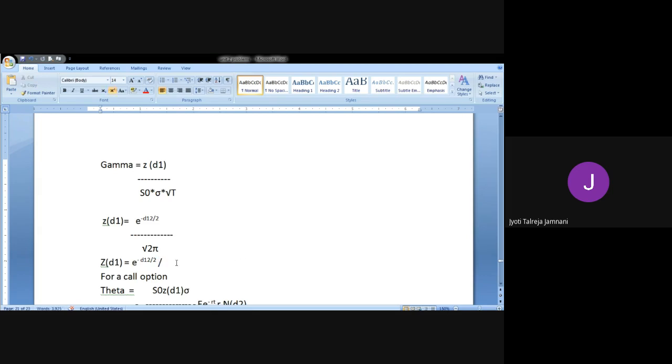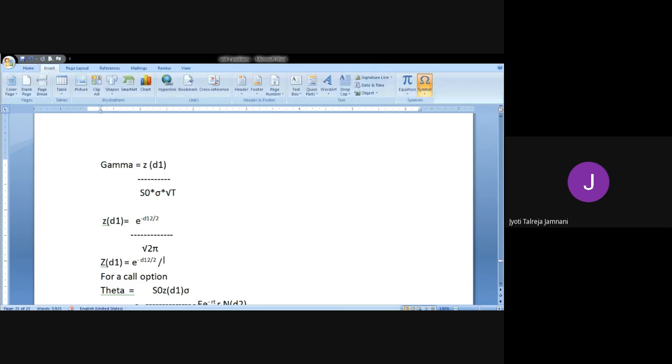So divided by square root of 2 into pi. Pi is 22 divided by 7, which is 3.1428.